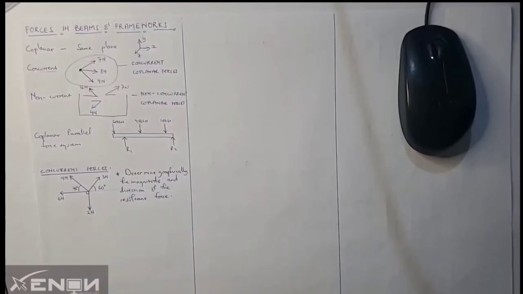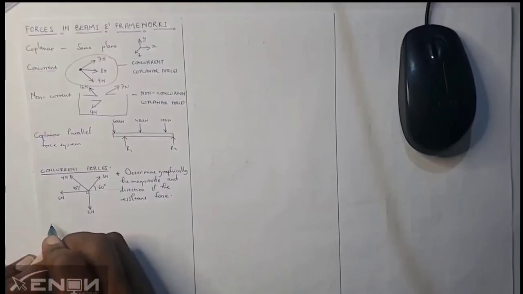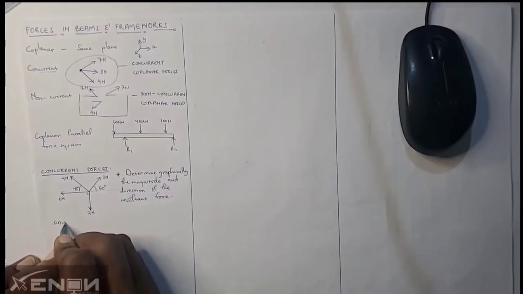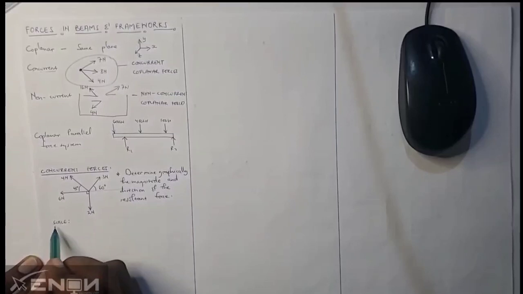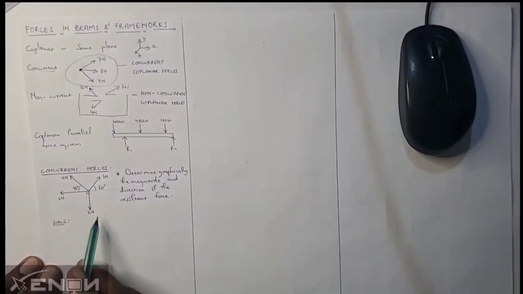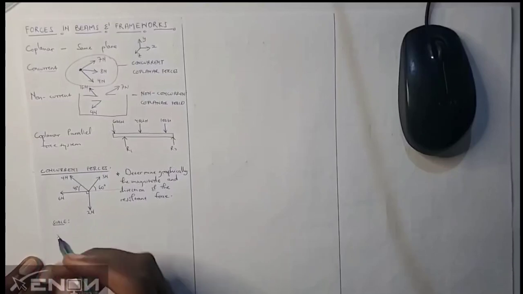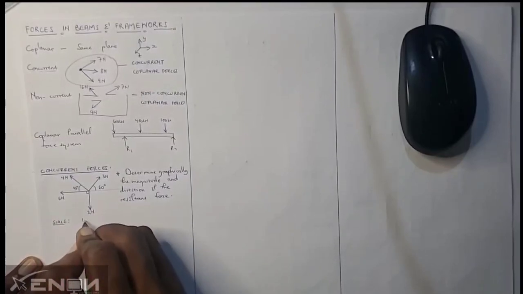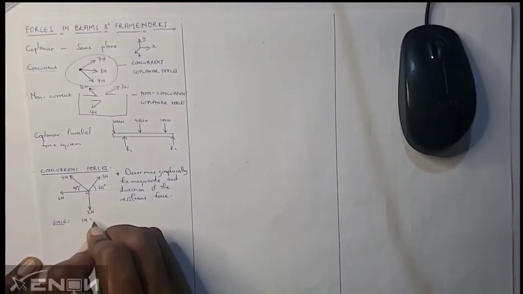Now to do this, we need first of all a scale. Why do we need a scale? Because there is no way you can represent newtons on a paper. So we need to convert these newtons into a unit that you can draw on paper. My scale here is going to be 1 newton equal to 5 millimeters.